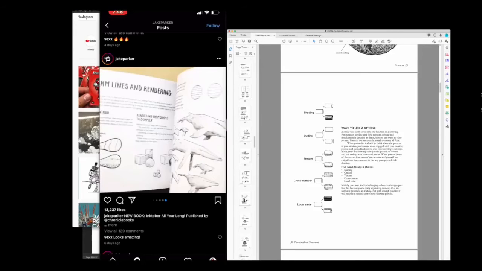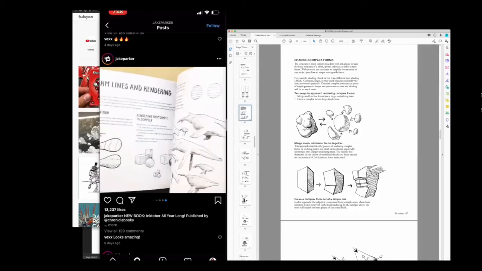Right. Shading complex forms. I know it doesn't look as if it's the same thing. If you read his content and read mine, you will see. This is the problem, because I can't read Jake's text at all.